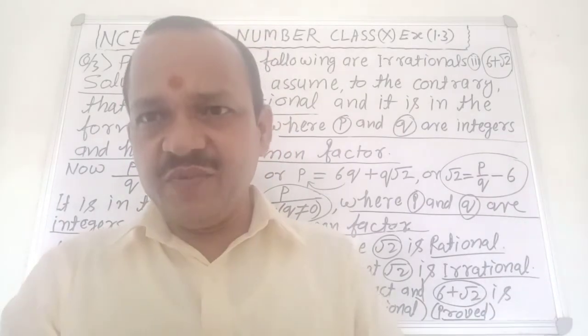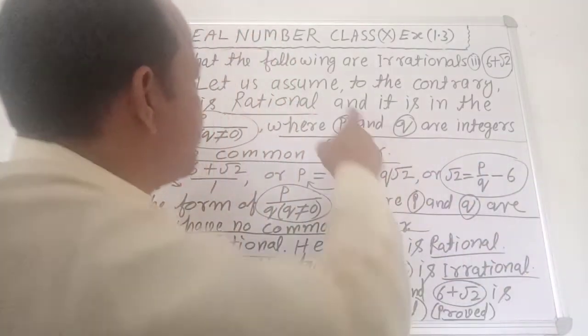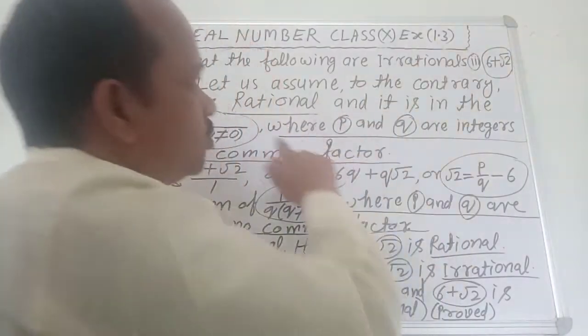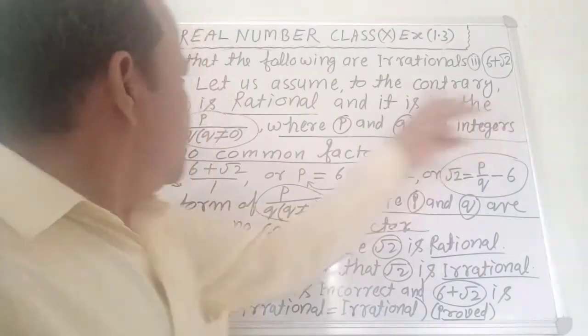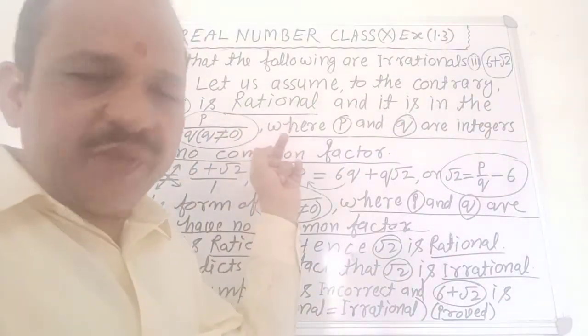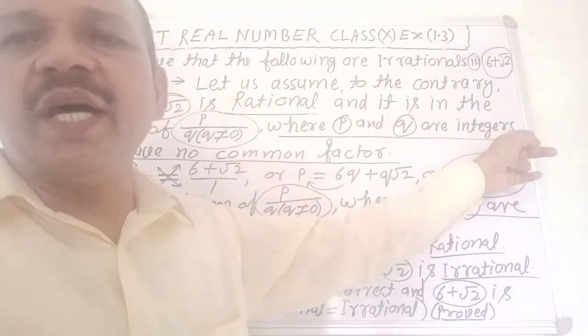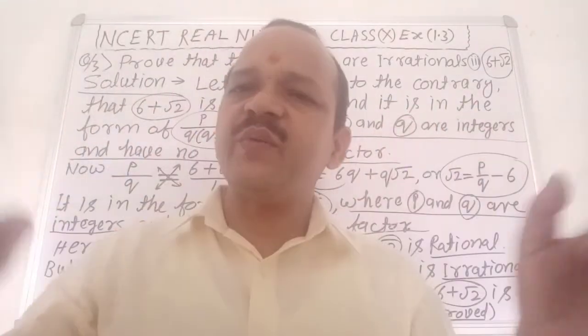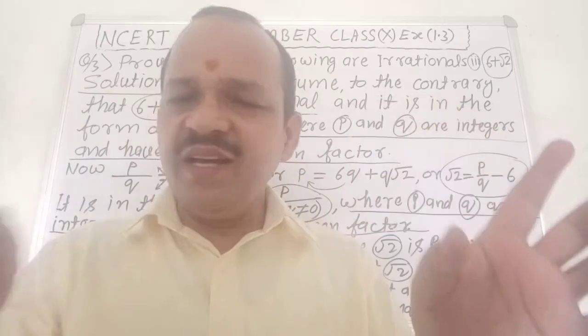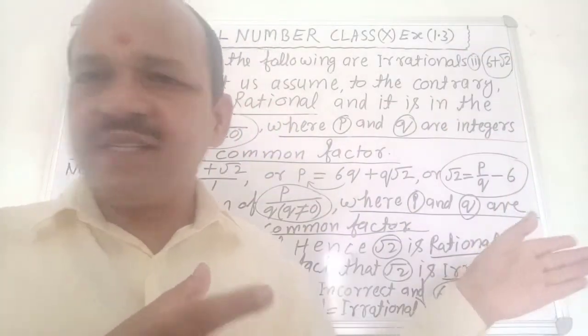What is our assumption? Our assumption is that 6 plus root 2 is rational and it is in the form of p by q, where p and q are integers, q not equal to 0 and have no common factor. Clear? Your solution is clear?